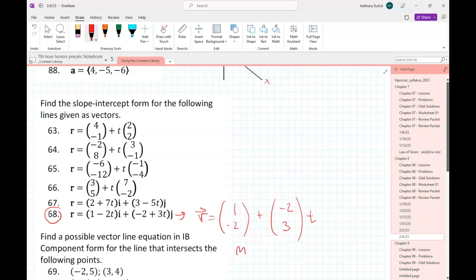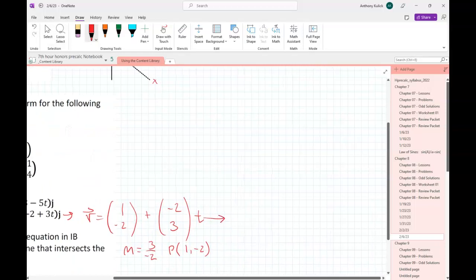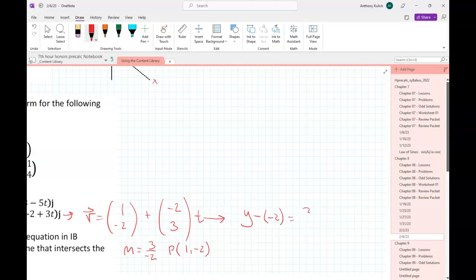From there, I can note that the slope here is going to be y over x in the slope vector. And the point we have is the point 1, -2. So if I want to write this as a Cartesian equation, I can do y minus y1 equals m times x minus x1.